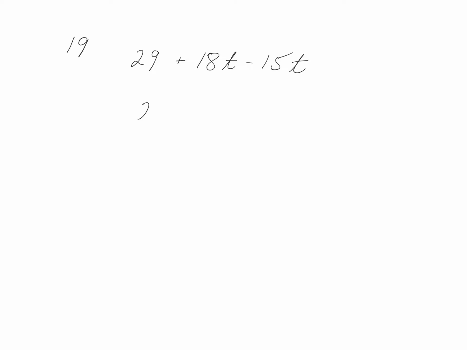And so our equation will be 29 plus 3T, because these become this. And so the answer is D. They try to trick us a little bit by switching the 29 and the 3T, although in a linear equation, it is always better to write the variable first.